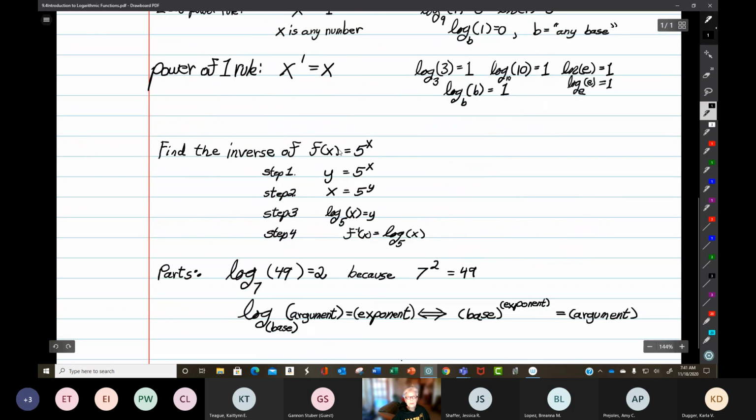We're going to go through the steps of finding the inverse of a function. Remember, let's find the inverse of 3x plus 5 first, just to help remind you of the steps. First, you change f of x to y. Then you switch the x's and y's.